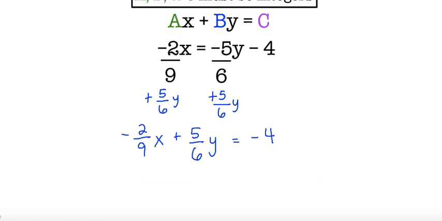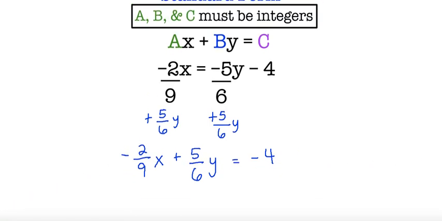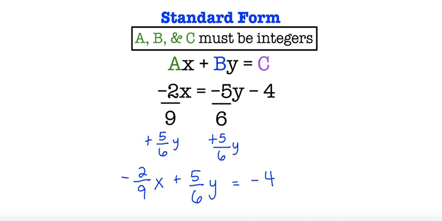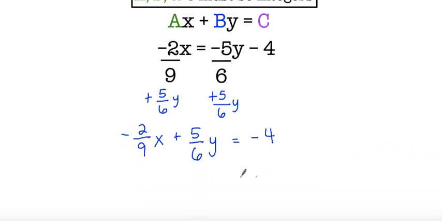And so what we're going to have to do here is I have two fractions, and I need to make sure that we have integers. So if I look at the 9 and the 6, I could take my two denominators, list out their multiples.